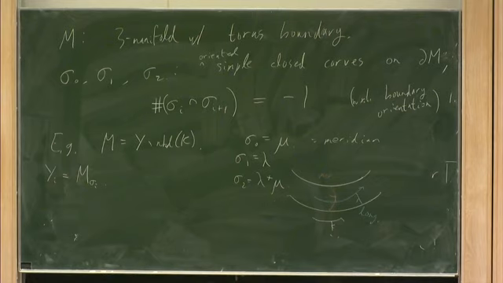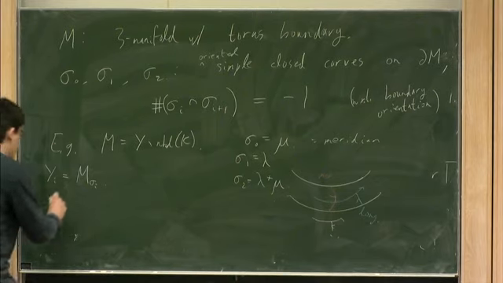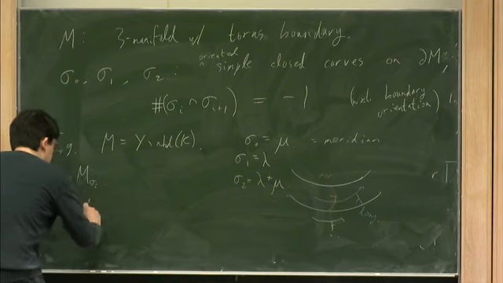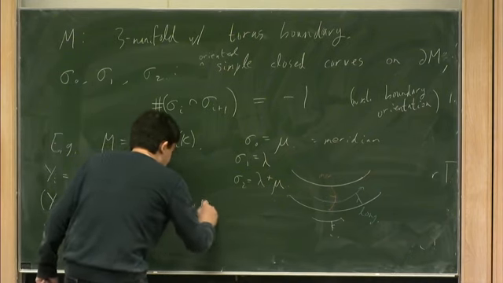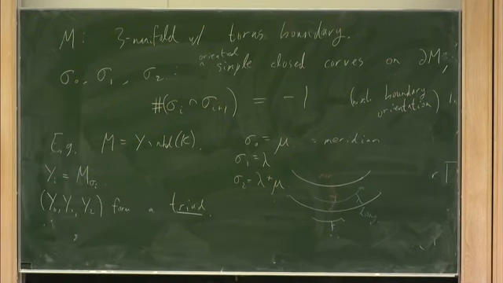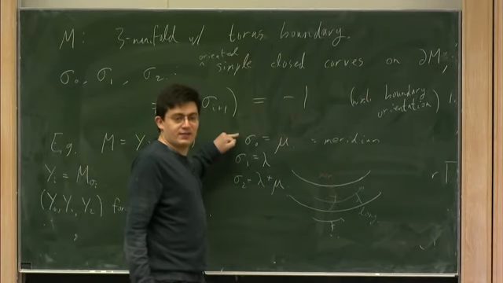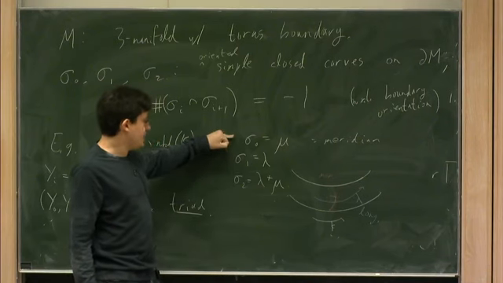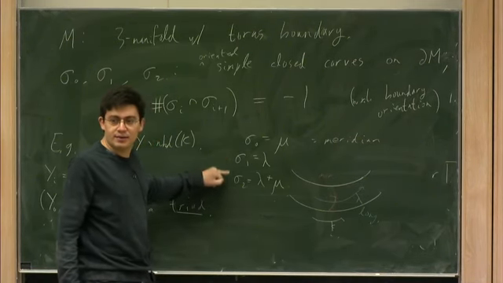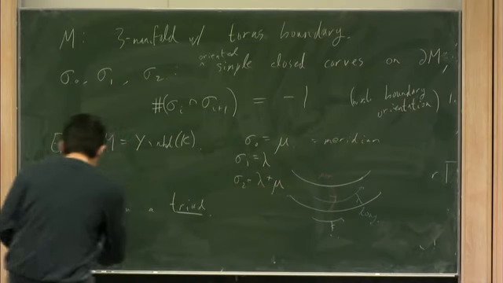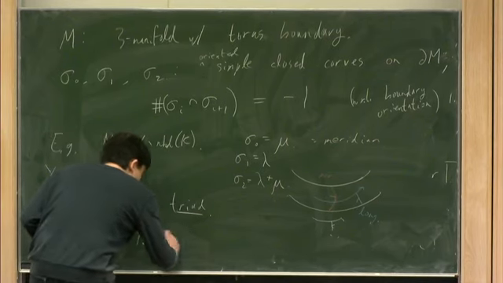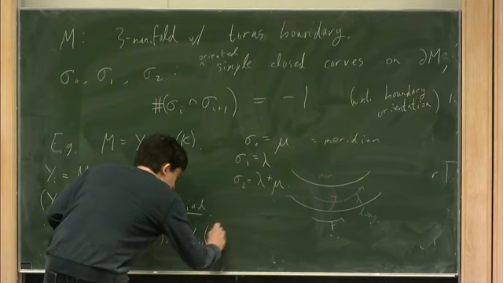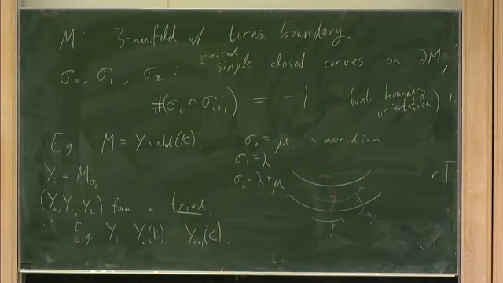So I'm going to have 3 different 3 manifolds. And if that's the case, we say that Y0, Y1, Y2 form a triad. So for instance, if I have a 3 manifold and a knot, this might be Y, this might be Y sub n of K, and this might be Y sub n plus 1 of K. Okay, that might be one way of doing this.